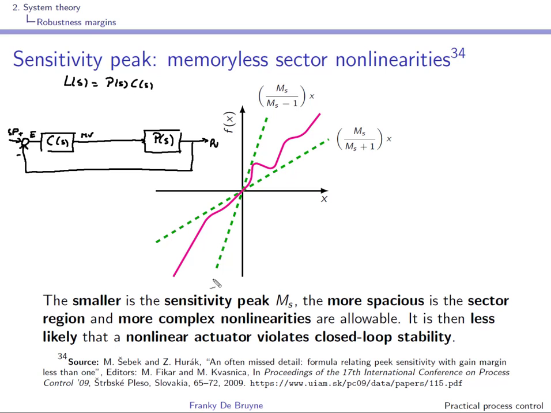And the question that we ask is, are we robust to sector nonlinearities? A sector nonlinearity is a nonlinearity that lies between two lines that are given over here. So the question is, can we introduce a nonlinearity in this control loop?